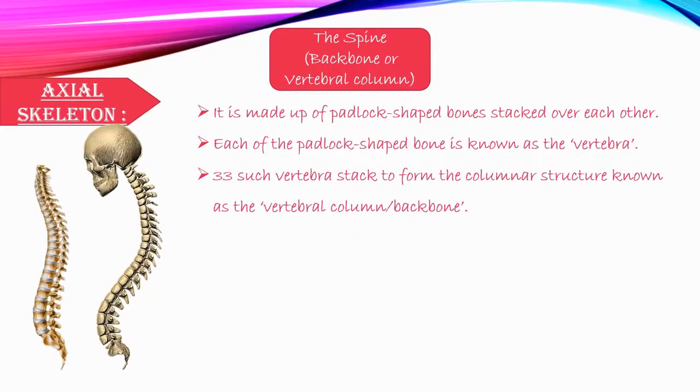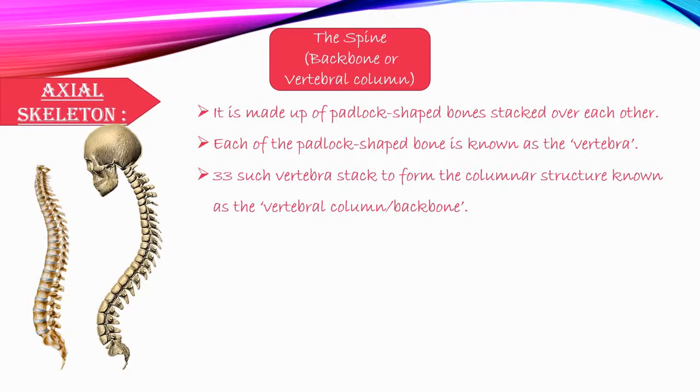Now let's learn about the spine, that is the backbone or vertebral column. Spine is made up of padlock-shaped bones stacked over each other. Each of the padlock-shaped bones is known as a vertebra. 33 such vertebrae stack to form the columnar structure known as the vertebral column or backbone.